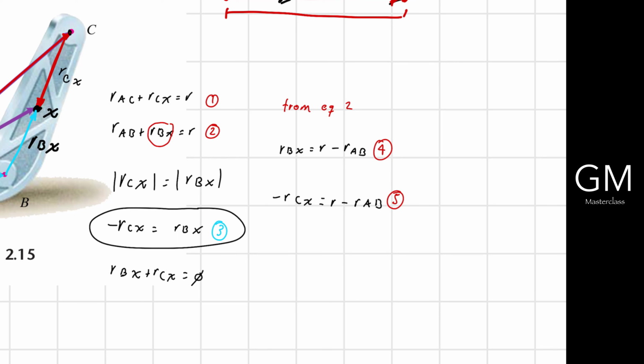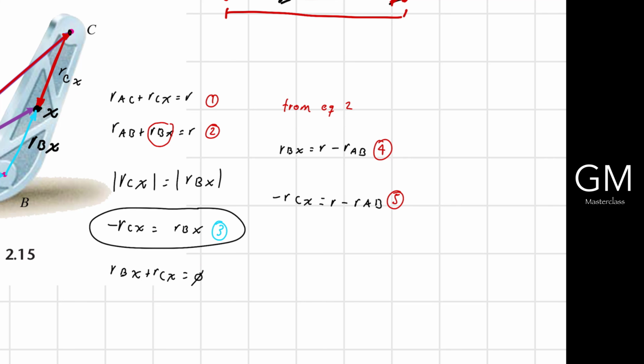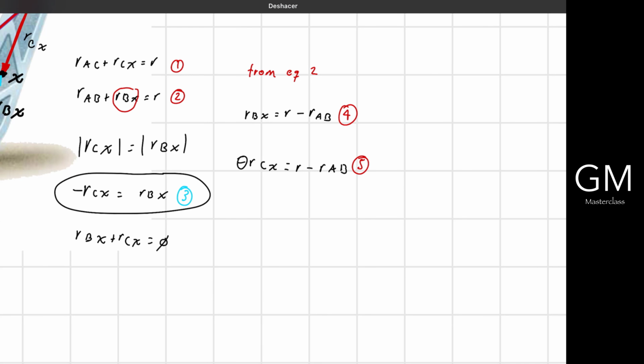So I already have this equation, this equation, this equation, this equation, and this equation. I have 5 equations. What I'm going to do next is to solve this equation for r_CX, but for the positive r_CX. That means that I'm going to change the symbols of every single part of the equation, right?